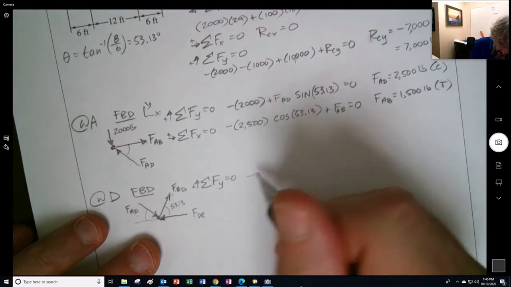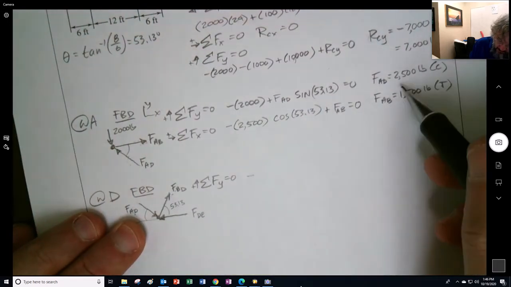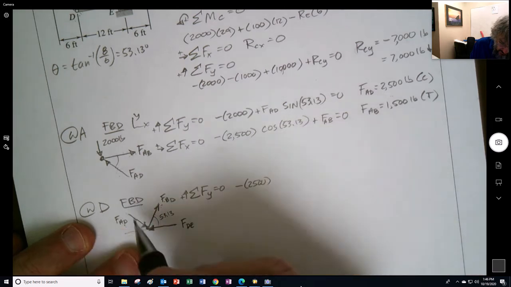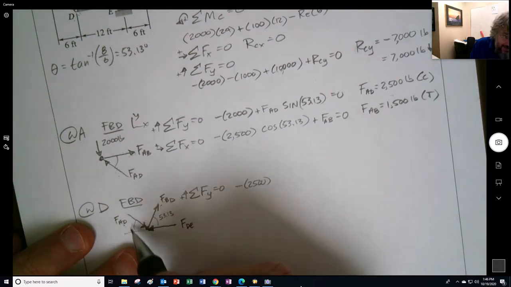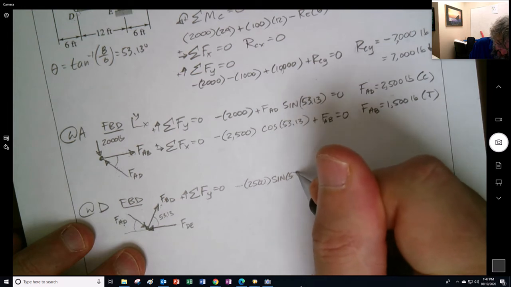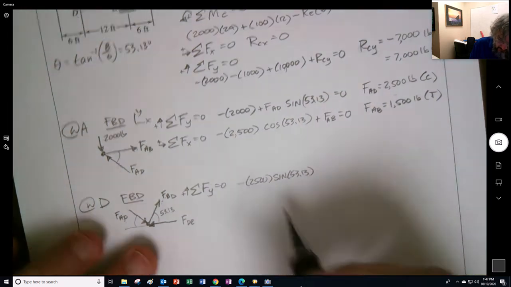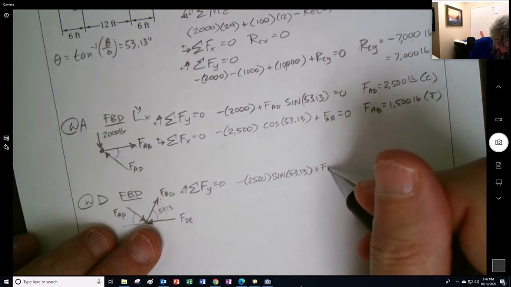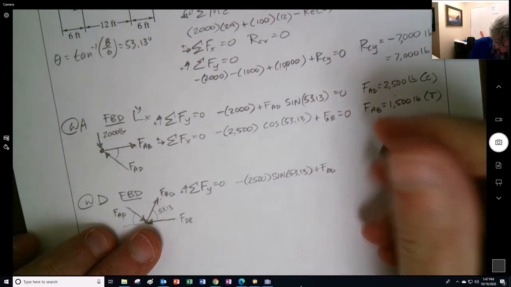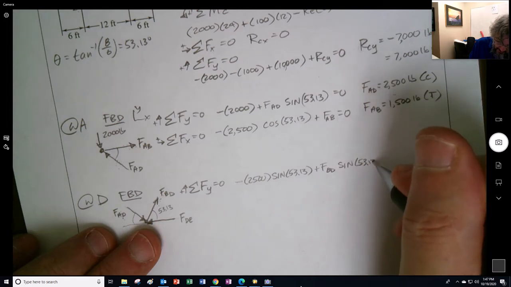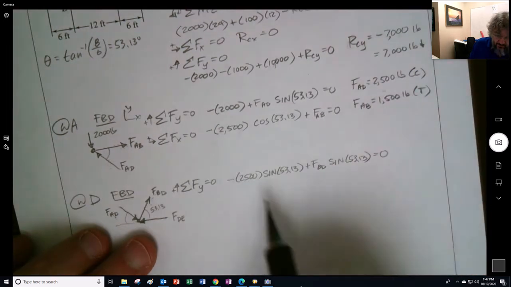And so we have a negative, and the value of that is negative 2,500, and that's going to be the sine of 53.13. Now we want the vertical part of this, and that is upwards, FBD, and we also take the sine of 53.13. So you could see we've already convinced ourselves, right?